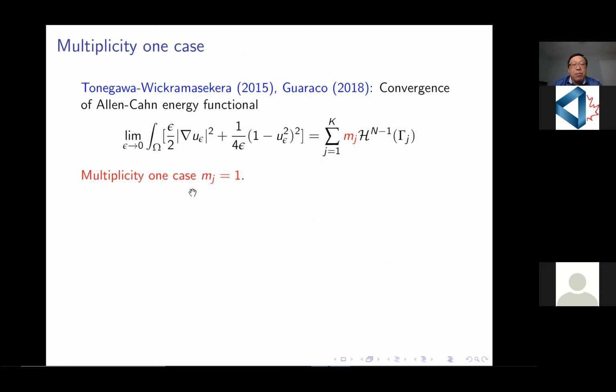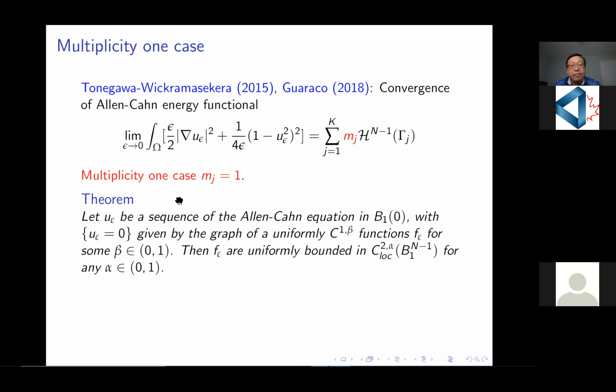If we consider the multiplicity one case, which means at each place you only have one interface, so you don't have multiple interface connection, we prove that in the multiplicity one case we have C2 alpha.